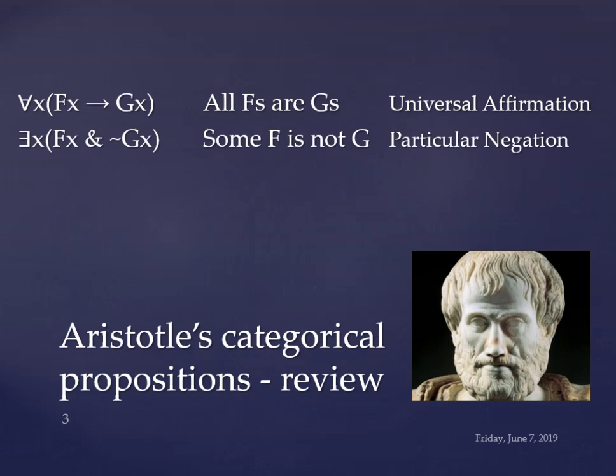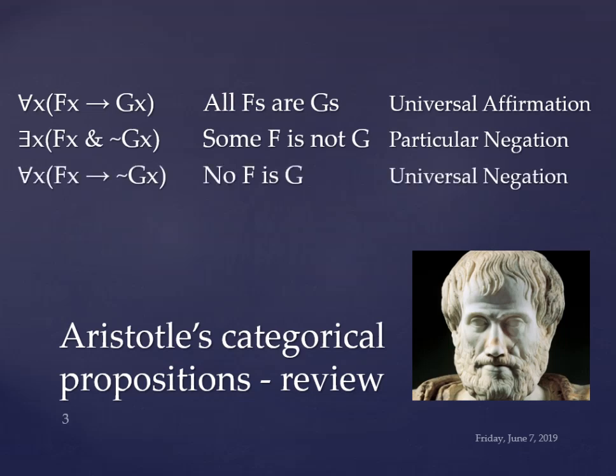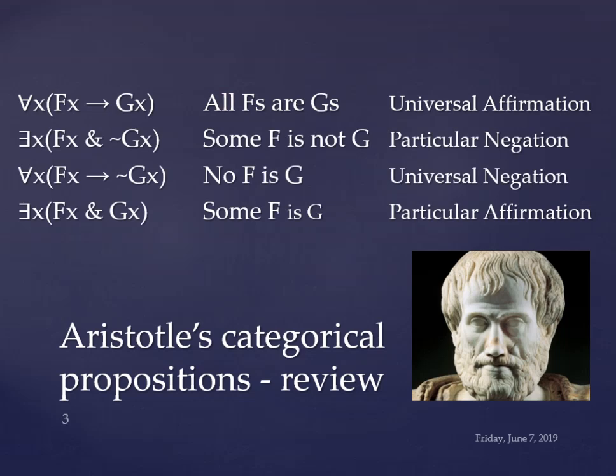By contrast, the particular negation is just about at least one thing, so we use an existential quantifier to say something like some F is not G. Going back to the universal, we use the universal quantifier and the arrow formula again, and this is a universal negation: for every x, if x is an F, then it's not in G, meaning no F is G. And then the particular affirmation, some F is G, which in FOPL speak is there is some x such that x is an F and x is in G. I told you to memorize those, and it's a good idea.